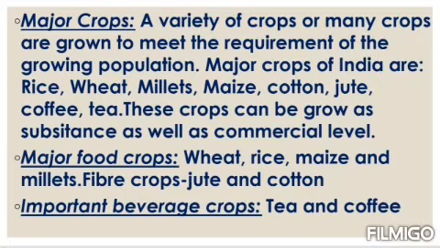These crops can be grown at subsistence as well as commercial level. Major food crops are wheat, rice, maize and millets. Fiber crops are jute and cotton. And important beverage crops are tea and coffee.